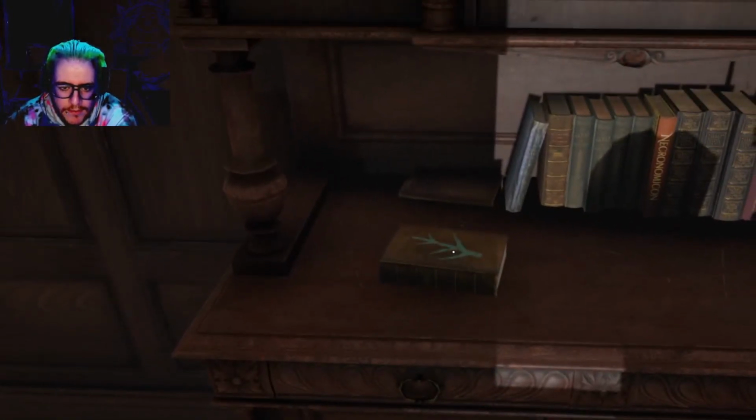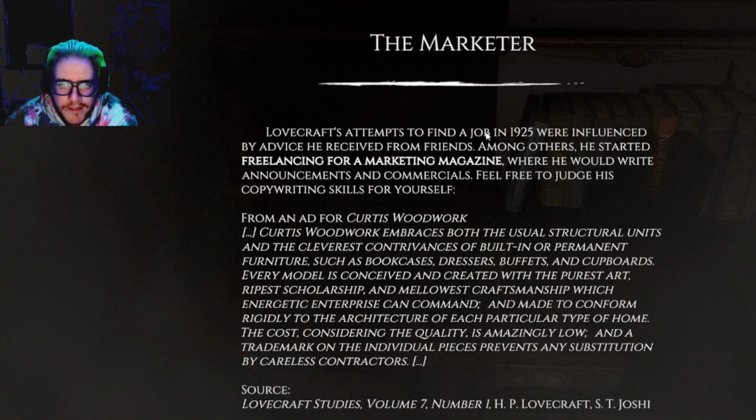Let's check this one out. Lovecraft's attempt to find a job in 1925 were influenced by advice he received from friends. Among others, he started freelancing for a marketing magazine where he would write announcements and commercials. Feel free to judge his copywriting skills for yourself. From an ad for Curtis Woodwork. Curtis Woodwork embraces both the usual structural units and the cleverest contrivances of built-in or permanent furniture, such as bookcases, dressers, buffets, and cupboards.